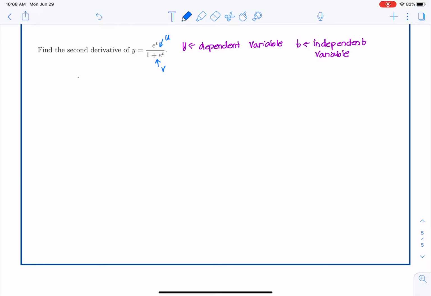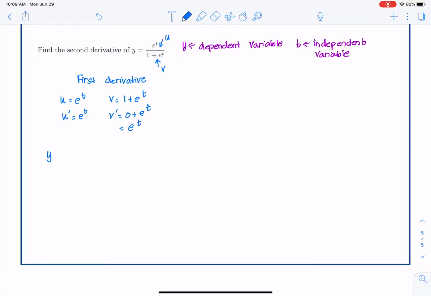So the first derivative. U is e raised t, V is 1 plus e raised t, U prime is e raised t, V prime, the derivative of 1 is 0, derivative of e raised t is e raised t, so we simply get e raised t.